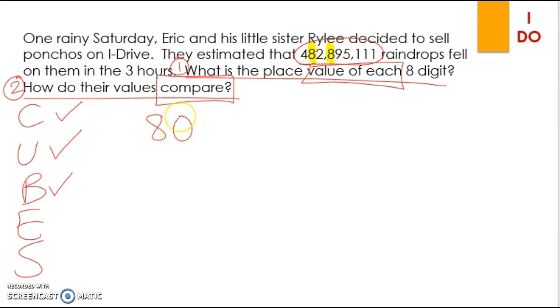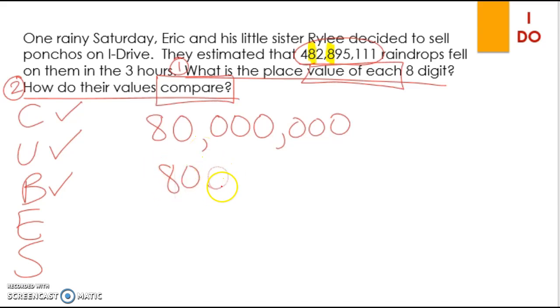So the 8 in that number, the first one, represents 80 million. And the second number represents 800,000. Wow. And I'm going to count the zeros to determine the relationship between these 2 numbers.